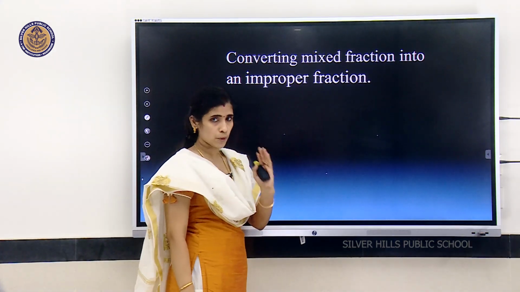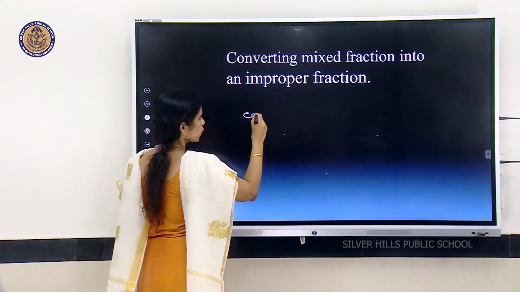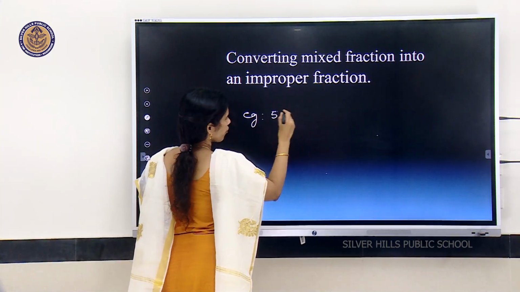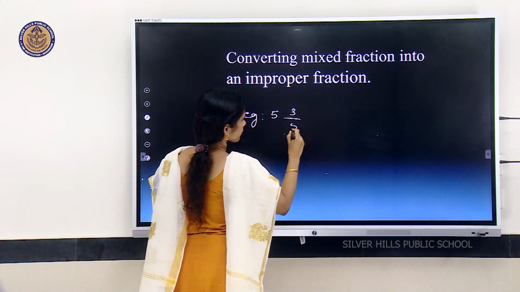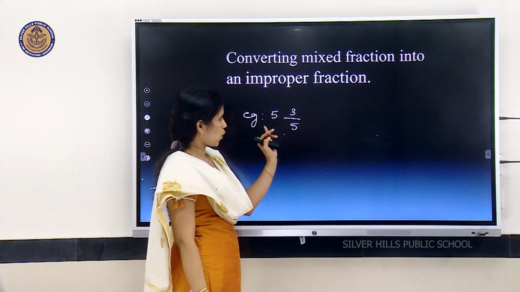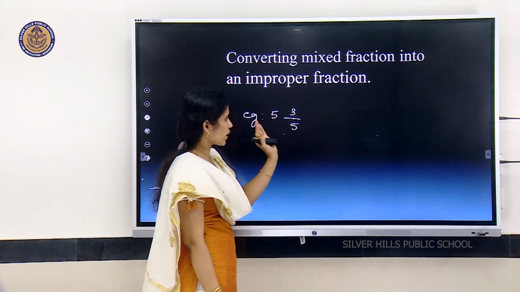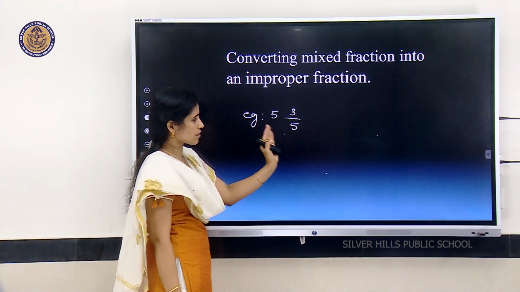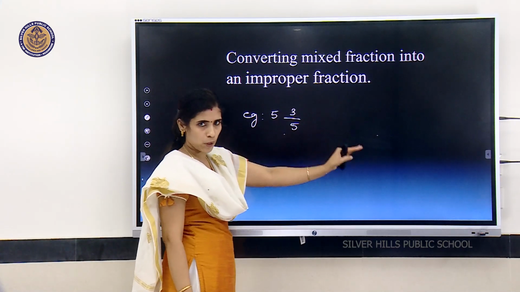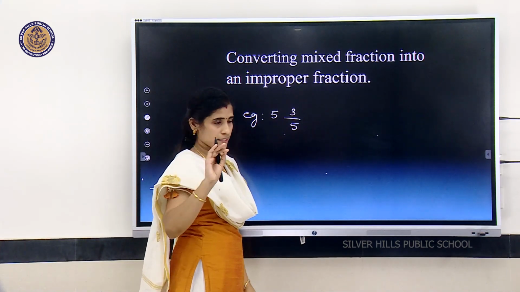Next we will do one more example, that is example 2. 5 3 by 5. Here 5 is the whole number part and 3 by 5 is the proper fraction. Next we convert this mixed fraction into an improper fraction. There are 3 steps.